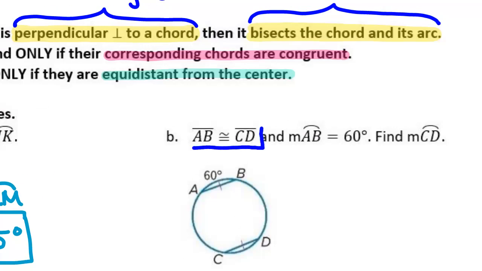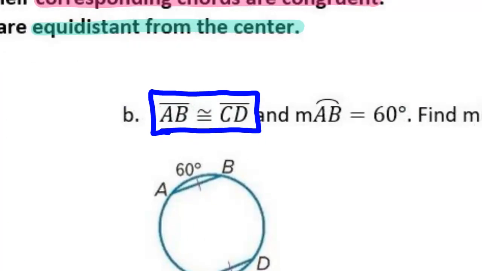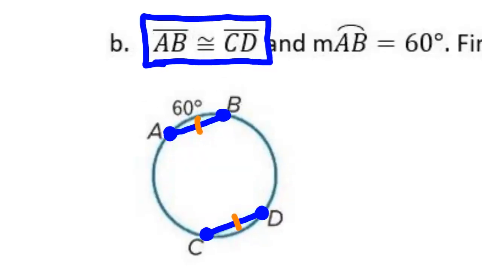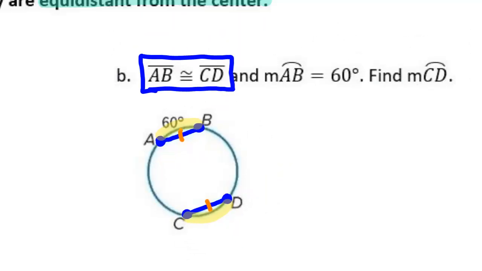Part B is very similar. It says that segments AB and CD are congruent. AB is a chord right here, and it has a congruence mark on it. It is congruent to chord CD down here, which also has a congruence mark on it. If those two chords are congruent, what does that mean about arc AB and arc CD?